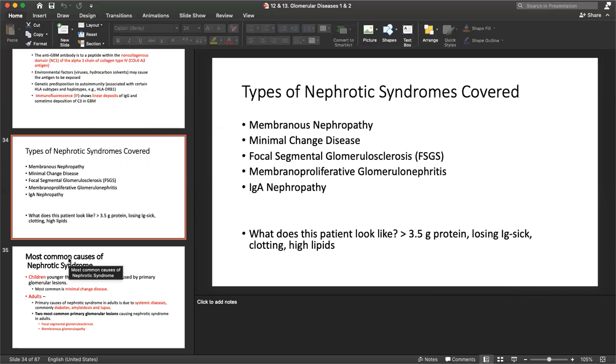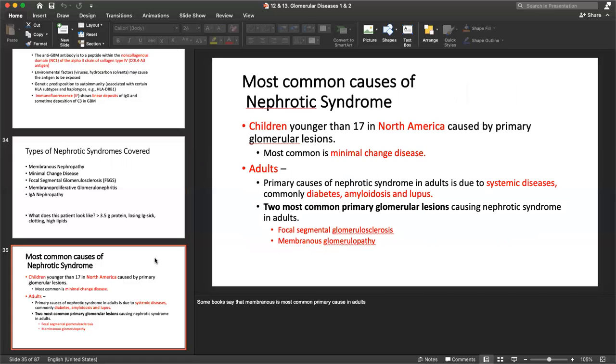So we said that kids can get the post-streptococcal glomerular nephritis. Adults can too, but it's more common in a kid because adults don't get strep as often. I know there's adults that do, but for the most part. So with nephrotic syndrome, the most common is going to be minimal change disease, and we're going to talk about that.